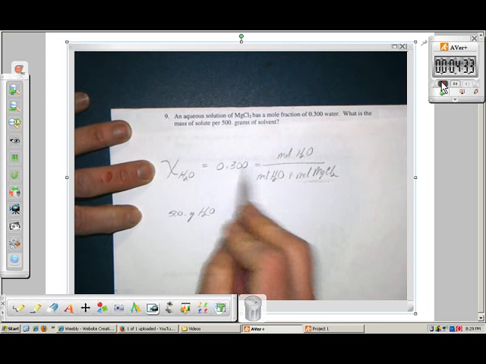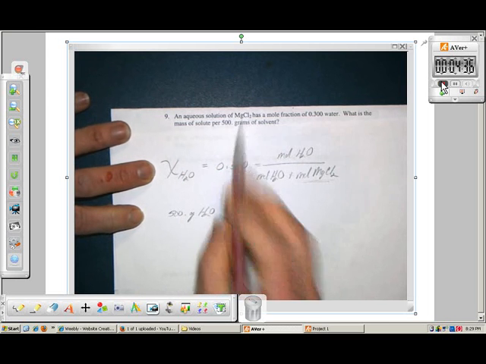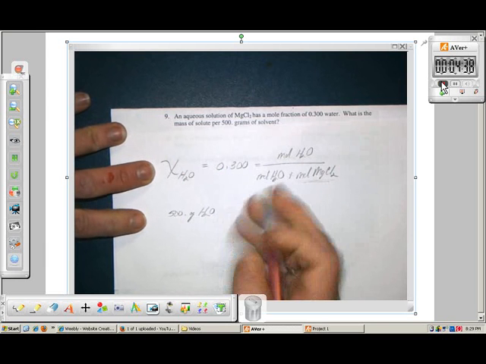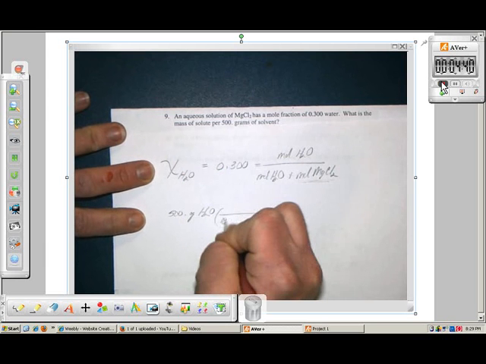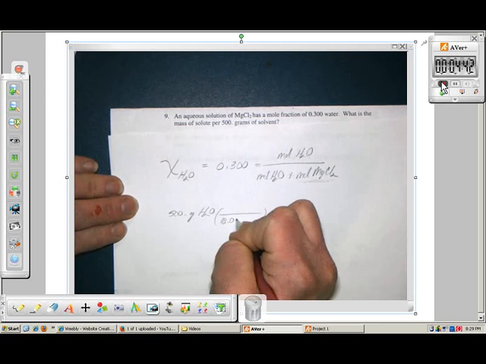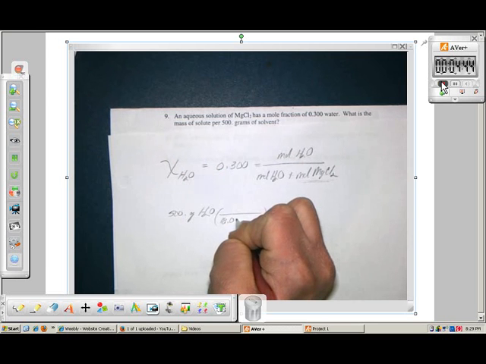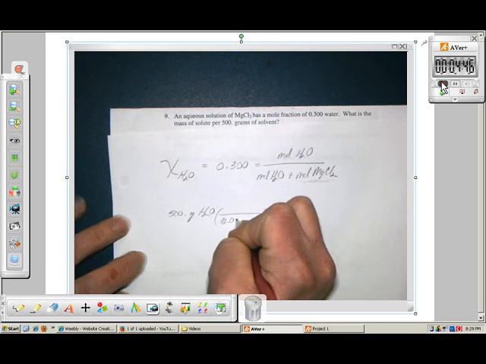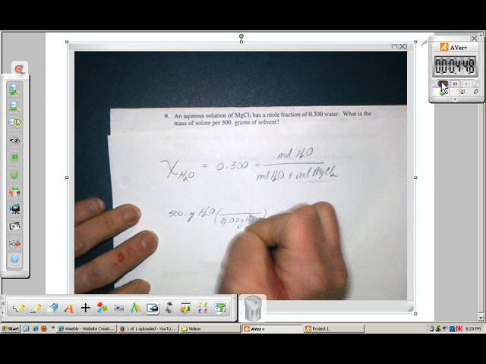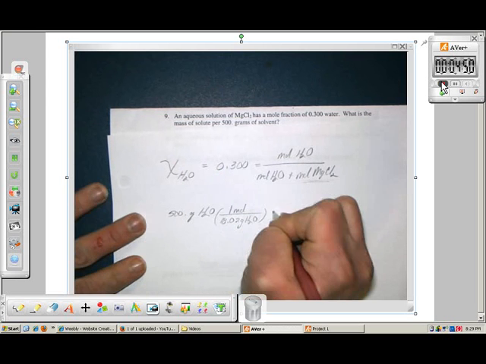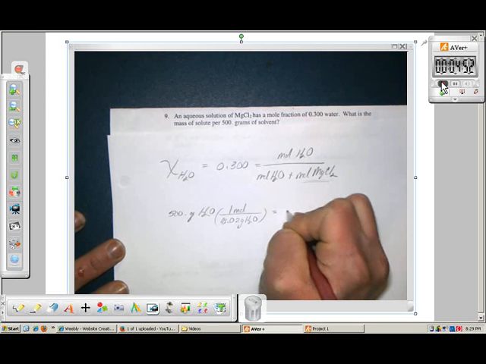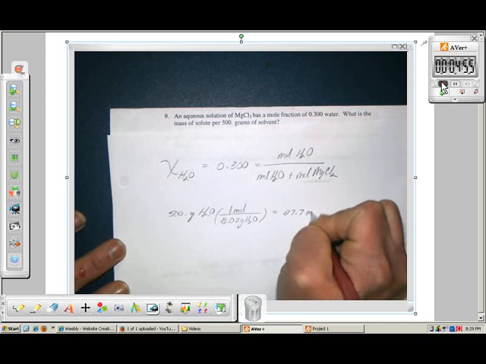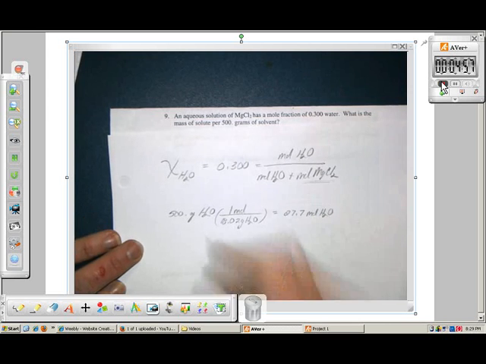However, water, compared to an ionic compound, we know that water will be our solvent. If I can get myself to moles, here 27.7 moles of water per the 500 grams.